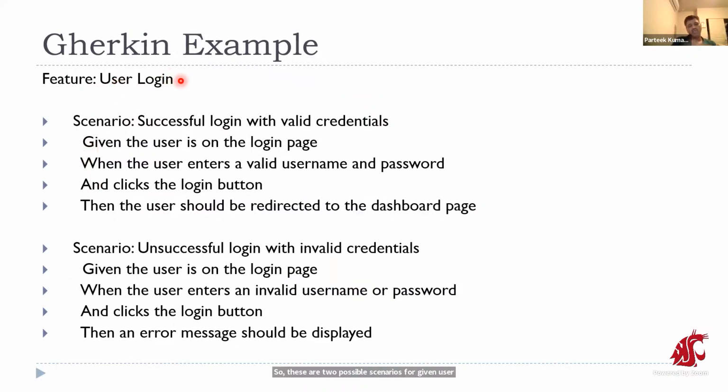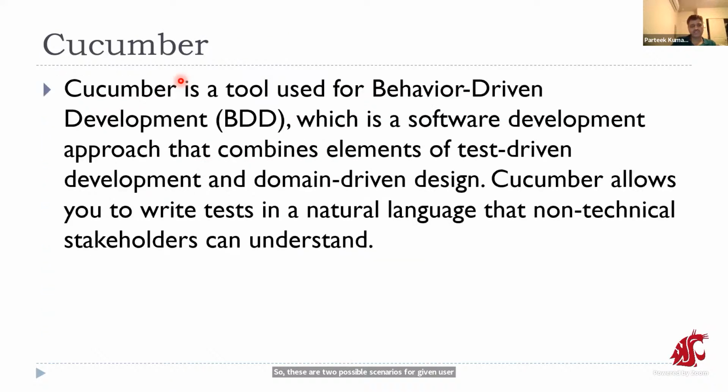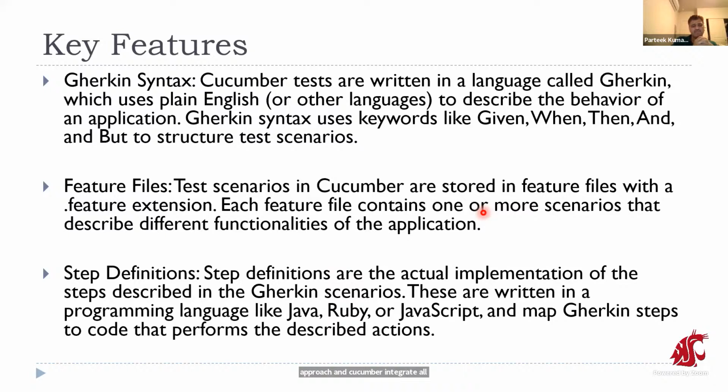So I will be demonstrating through the Cucumber tool how to use that. Cucumber is a tool which is used for behavior driven development, and this is a software development approach that combines test driven approach and domain driven approach, and Cucumber integrates all those things in a very effective way. There are three main parts in Cucumber.